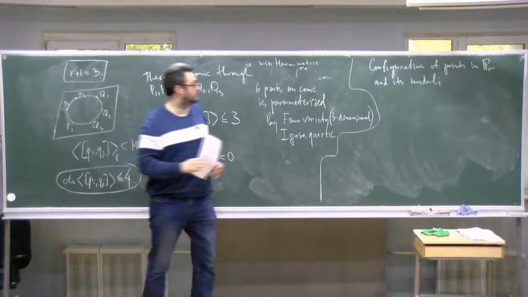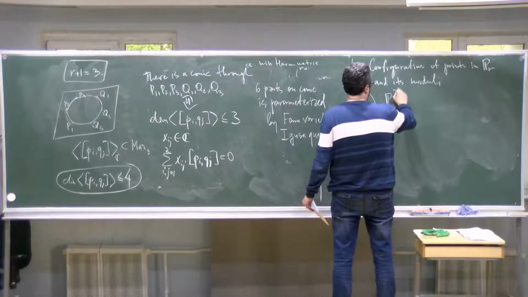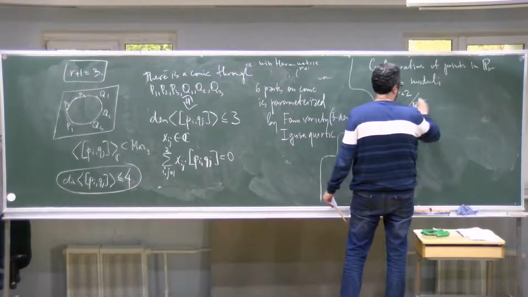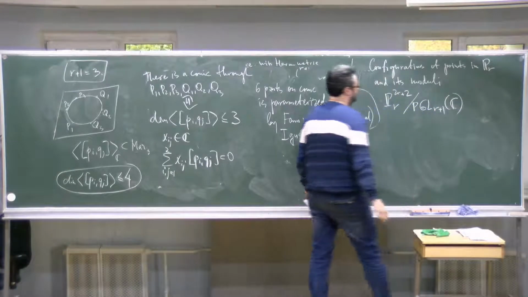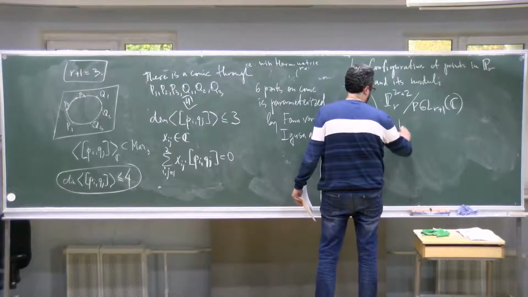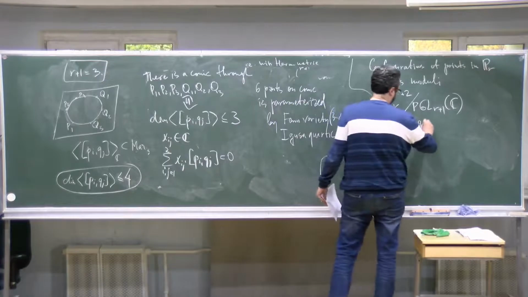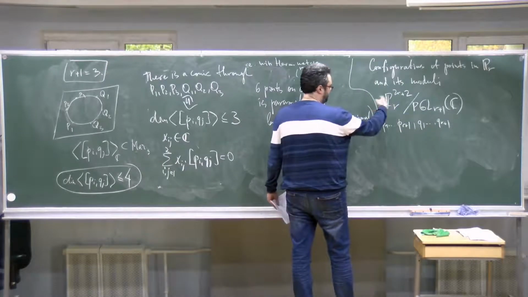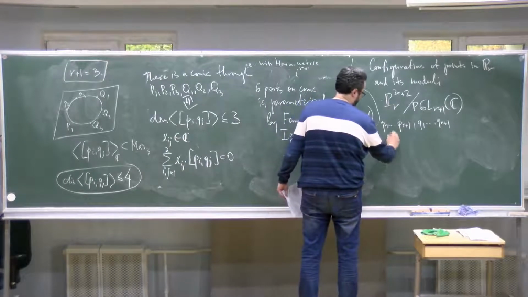So we would like to consider the following GIT quotient. As we know, two sets of orthogonal projectors are parameterized by the set of 2r+2 points.